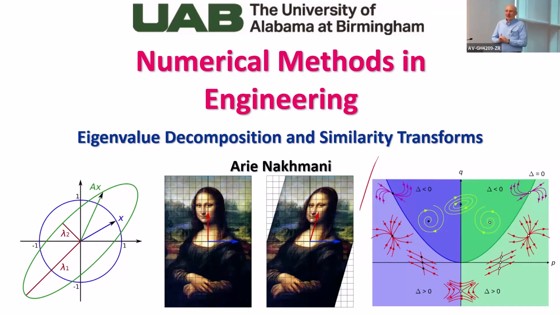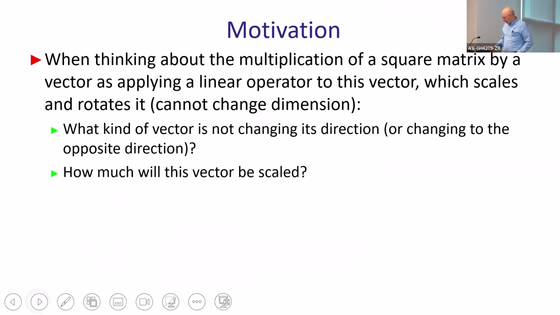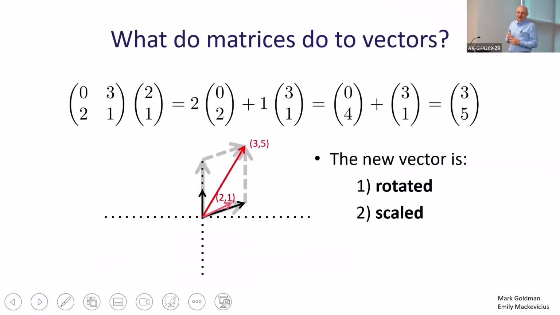Okay, so previous time we discussed eigenvalues. We started to discuss eigenvalues, and I gave a theoretical introduction to what eigenvalues are, how you compute them by hand. Nobody obviously computes eigenvalues by hand, but we went through the motivation for why we need eigenvalues and eigenvectors.